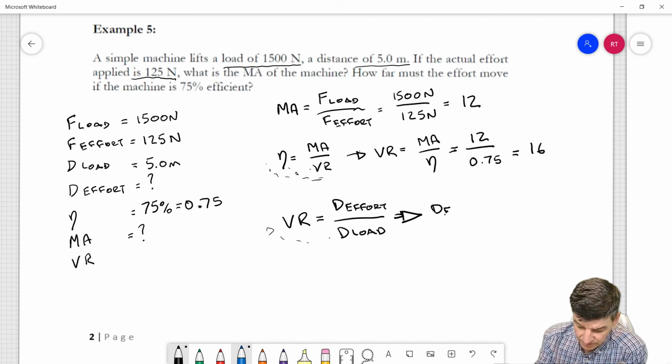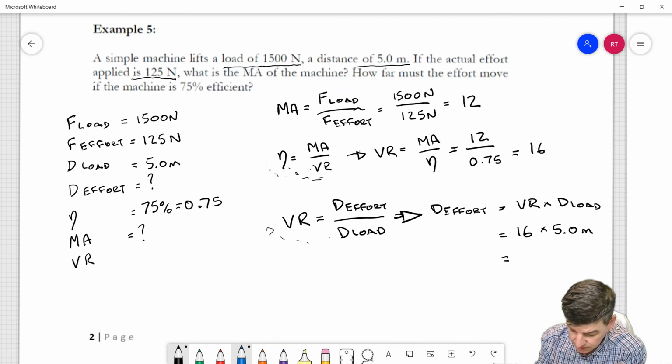So my distance of effort is equal to VR times my distance of load, equal to 16 times 5.0 meters, and my distance of effort is 80 meters.